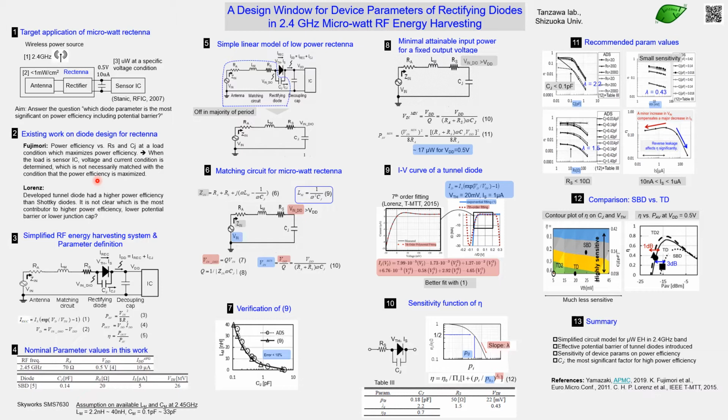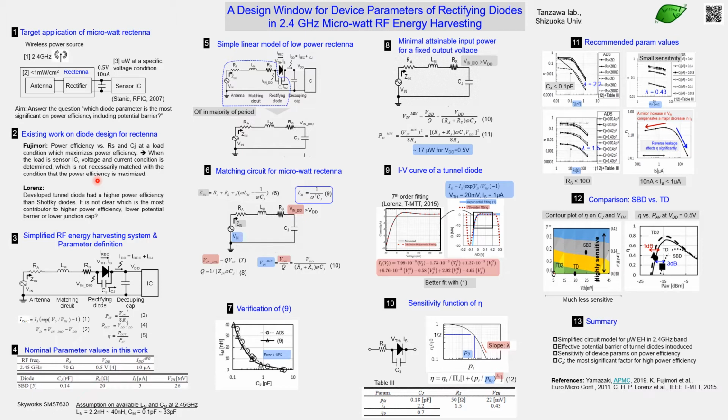The tunnel diode has higher power efficiency than the Schottky barrier diode, and the tunnel diode has a lower effective potential barrier than the Schottky barrier diode. So the question was, which parameter determines the higher power efficiency, a lower potential barrier or lower junction capacitance?